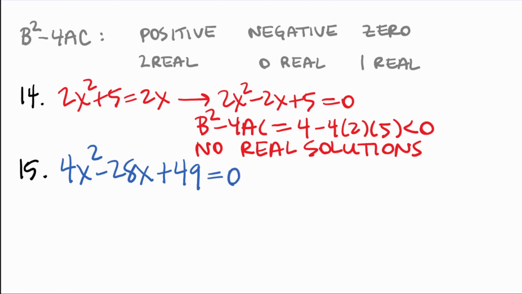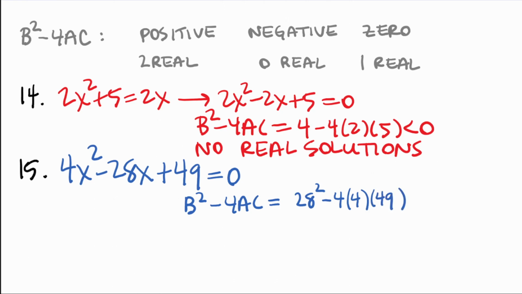Oh boy, this looks like it might need a calculator, but if at all possible, I'm going to try to figure it out without using a calculator. So b squared minus 4ac is equal to 28 squared minus 4 times 4 times 49.